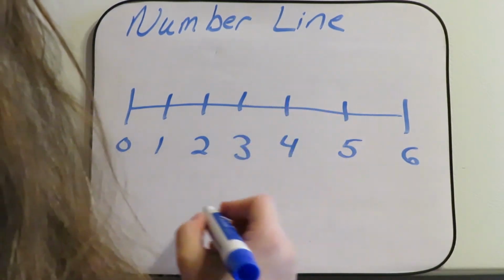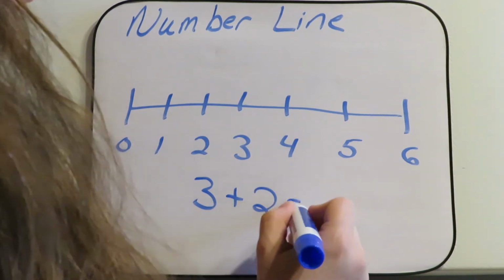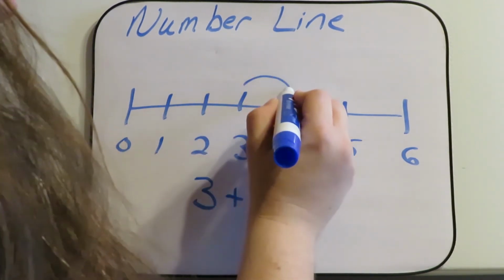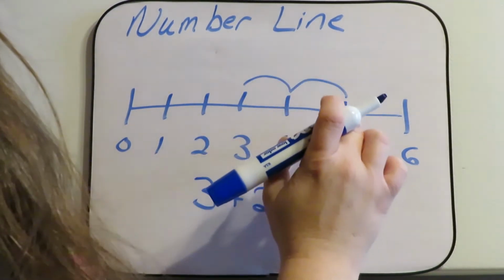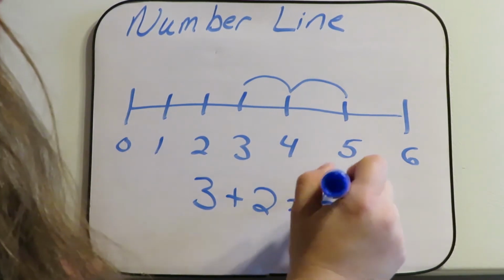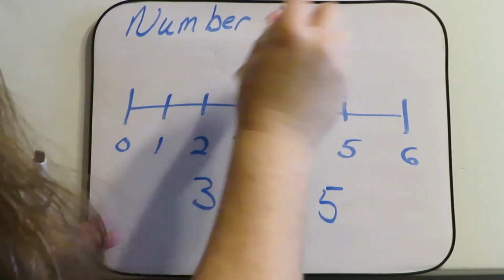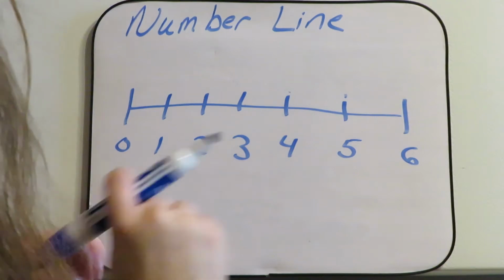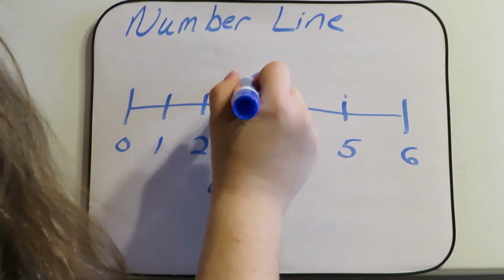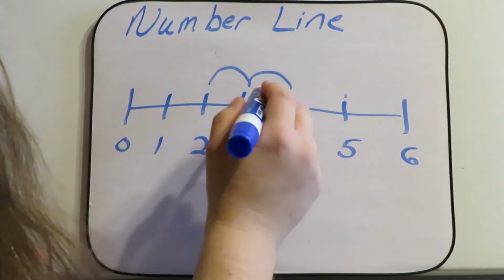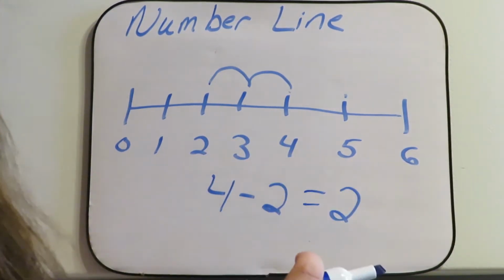For addition, for example, 3 plus 2, we go 1, 2 to the right. 1, 2, oh, it's 5. We can do this with subtraction as well. 4 minus 2, we go over to the left, 1, 2. 4 minus 2 equals 2.